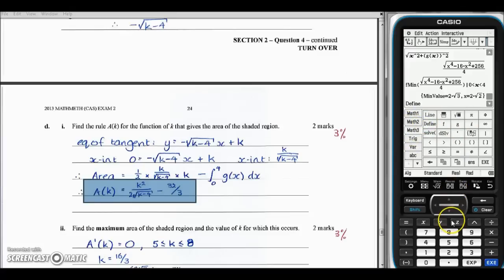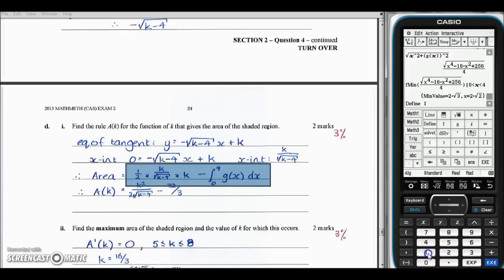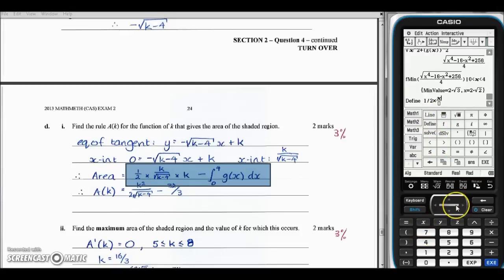So I'll type this in here. 1 on 2 multiplied by, now should I use k's? I might actually use x's here instead of k's. So x on root x minus 4. So just remember when you're writing it on your sheet that you should be writing k's and not x's.